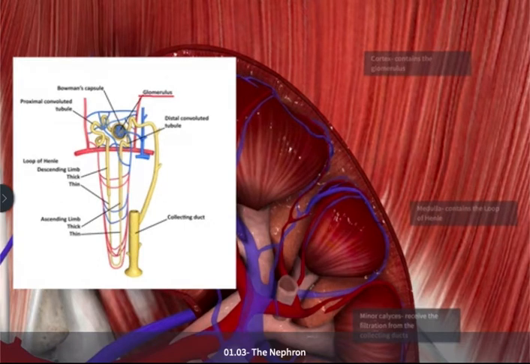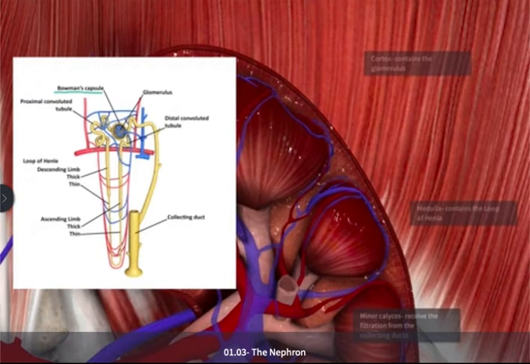One is going to bring blood in, and one is going to bring blood back out. So we would call these the afferent and efferent branches. The afferent will bring blood into the glomerulus, it will be filtered, and then the efferent branch takes it back out. The glomerulus itself is going to be located within a capsule known as Bowman's capsule.